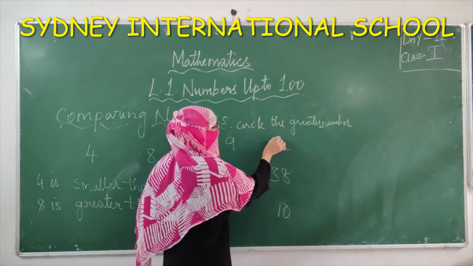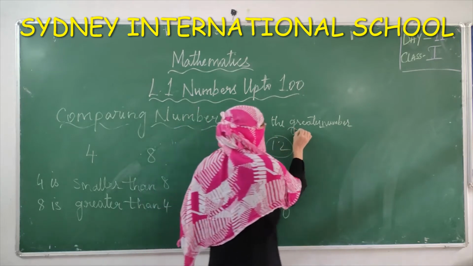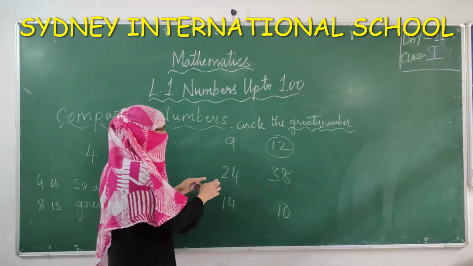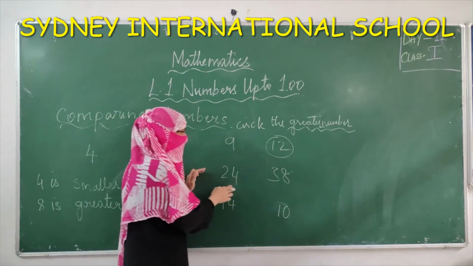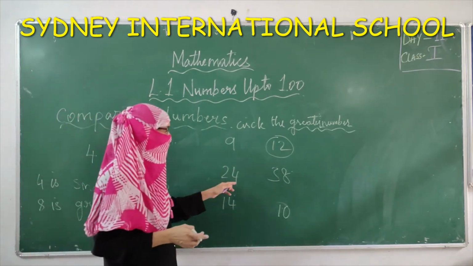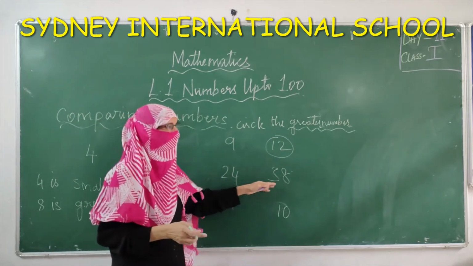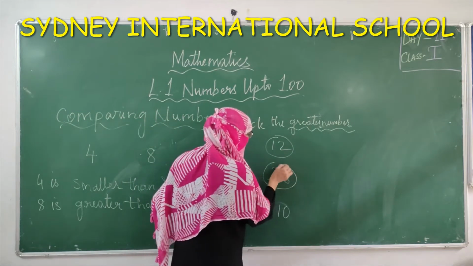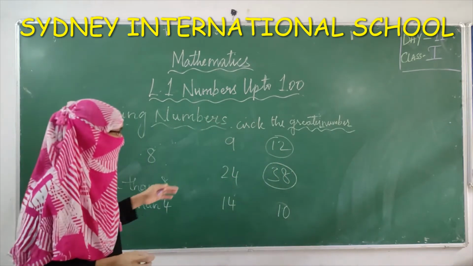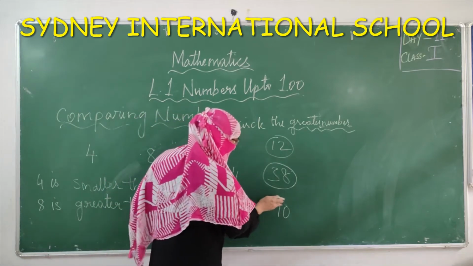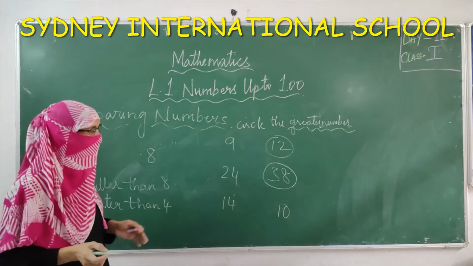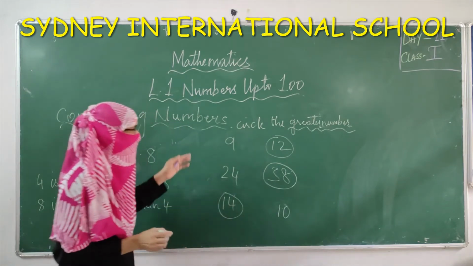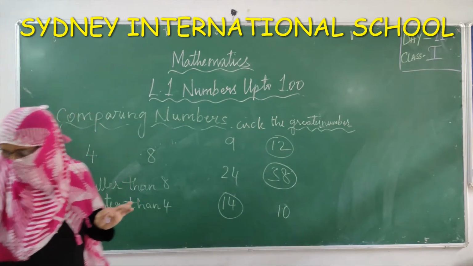Number 12. So you have to circle the greater. They are asking us for the greater number. You have to circle. Now 24, 38. Which number is greater? Obviously, this number 38 is greater. The next number, 14, 10. Which number is greater? 14 is greater than 10. So I am asking you to circle the greater number.